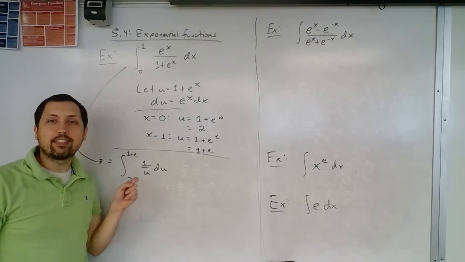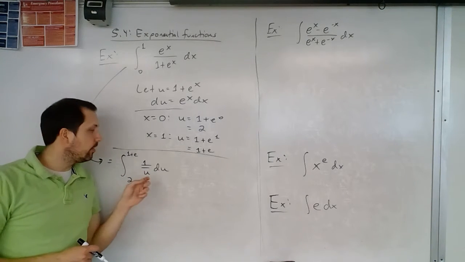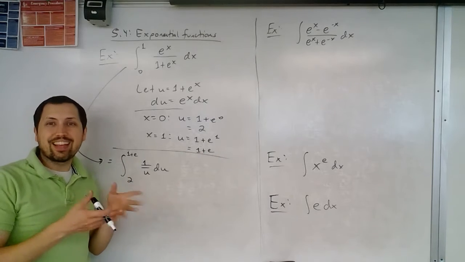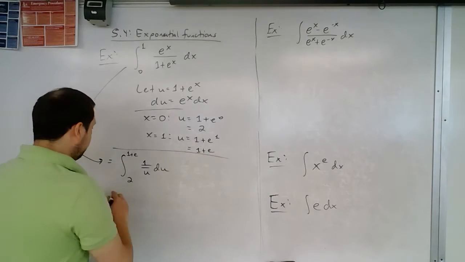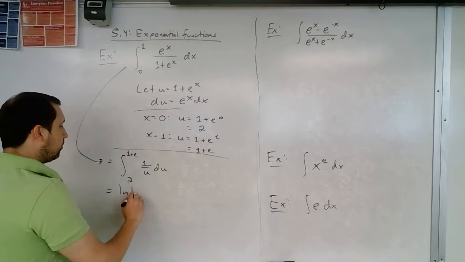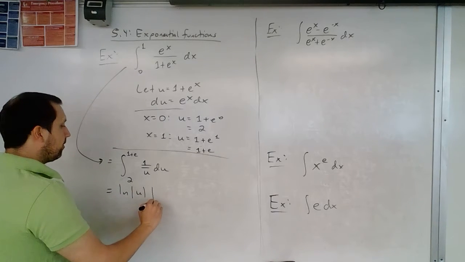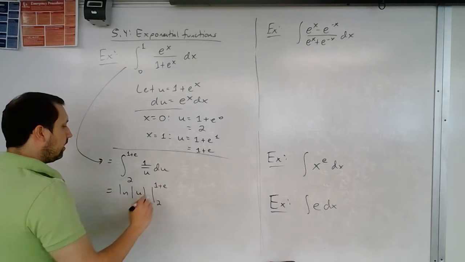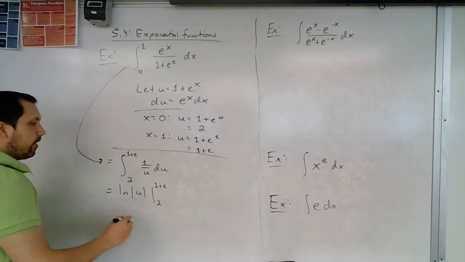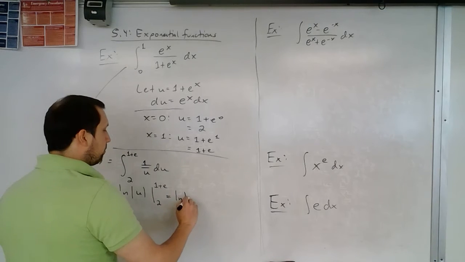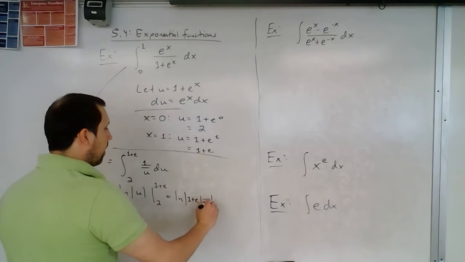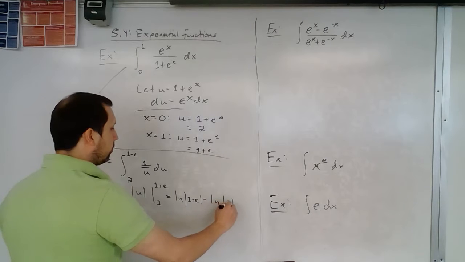Now to integrate this, remember 1 over u du, when you integrate that, that is natural log of the absolute value of u. So this is natural log of the absolute value of u evaluated from 2 to 1 plus e. Now I plug things in. I plug in my top number first, natural log of the absolute value of 1 plus e, minus the natural log of the absolute value of 2.